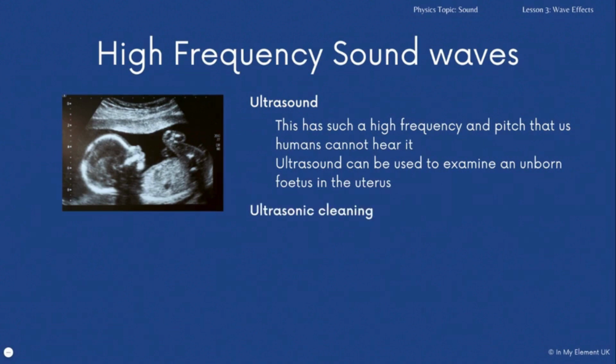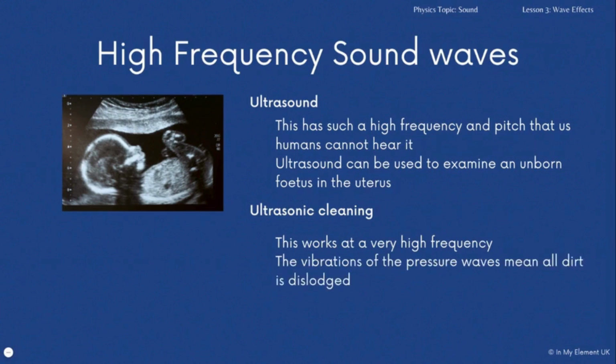Now, another use of these high frequency sound waves is ultrasonic cleaning. You'll have a water bath. This works at a really high frequency, and the vibrations of the pressure waves mean that dirt is dislodged. So you put everything that's dirty into the water bath and turn it on.